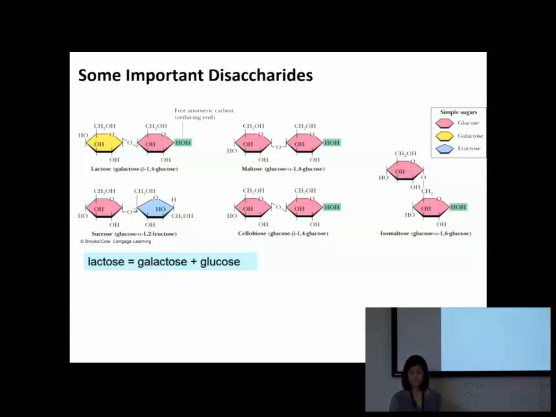Cellulose is not a disaccharide. Cellulose is a polysaccharide. But it's a beta 1,4. None of us have the enzyme that can break up a glucose-glucose beta 1,4. We don't. Who does? Who has the enzyme? Cows? Cows don't.